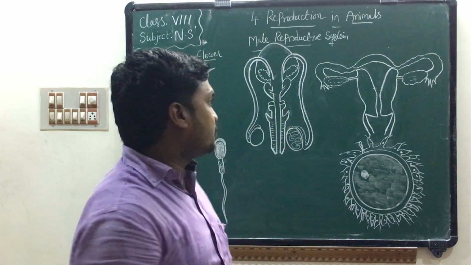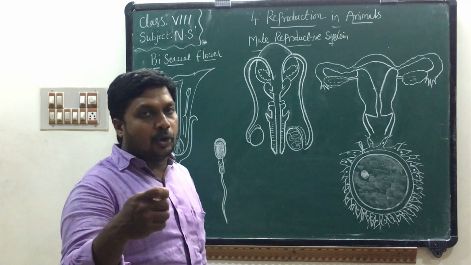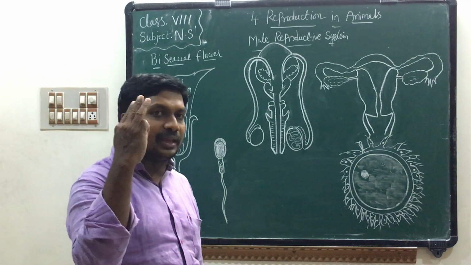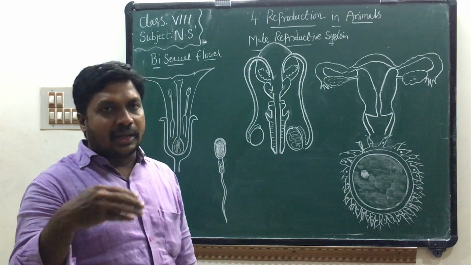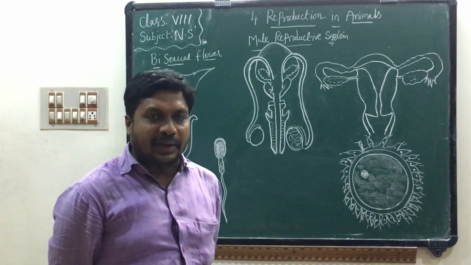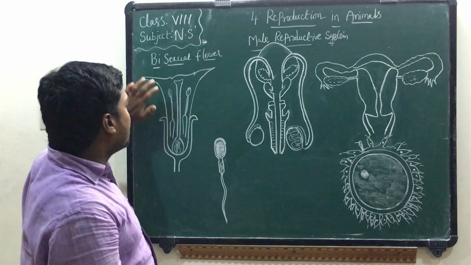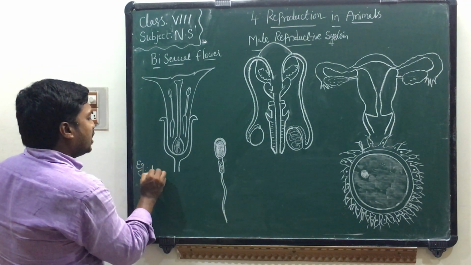Now, I will explain about bisexual flower. Already we learned about unisexual flowers. In unisexual flowers we can find only 3 whorls: in male flower, sepals, petals, stamens. In female flower we can find sepals, petals and pistil, that is the female part. An example of a bisexual flower is datura.